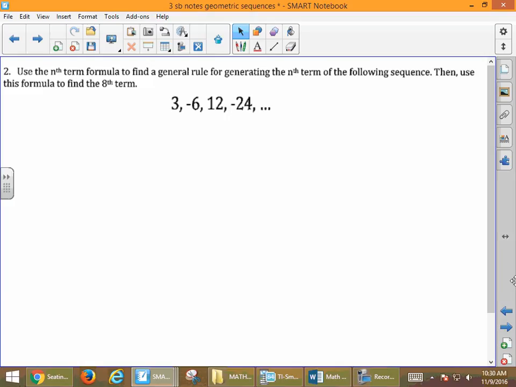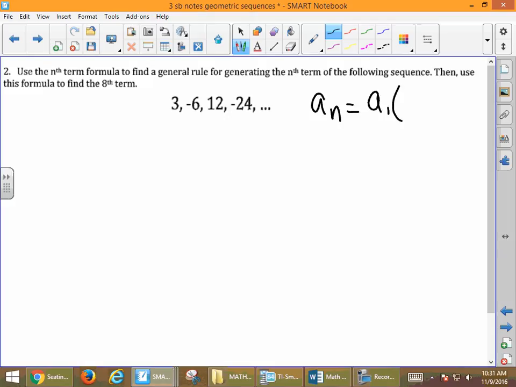And as we look at this one here, it says use the nth term formula to find the general rule for generating the nth term of the following sequence. Well, that's our new formula today, which is a sub n equals a sub 1 times r to the n minus 1. So as we take a look at this here, we do notice that negative 6 divided by 3 is negative 2.